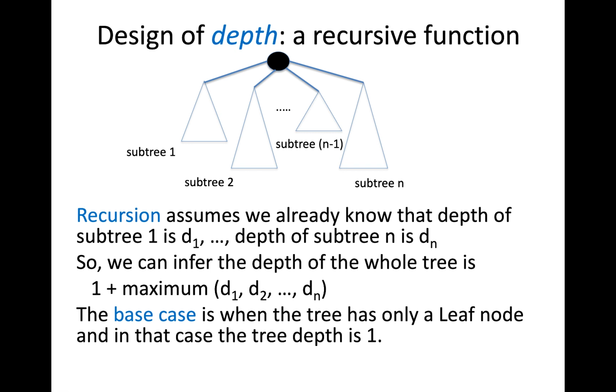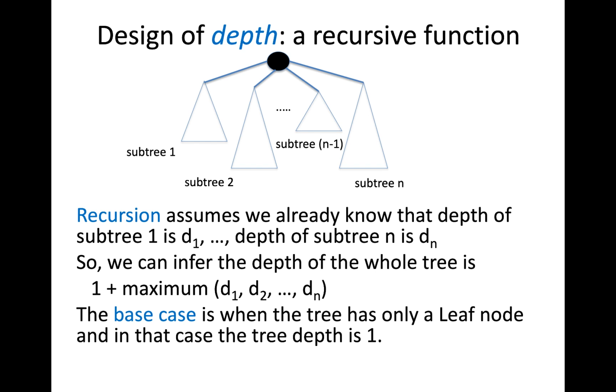And in recursion, you know that by recursion magic we can assume that we have those d1, d2, dn information for the subtrees, right? And then we can just use this formula. Now recursion also needs one base case, and here the base case of a tree can be just one node, which is a leaf node, right?